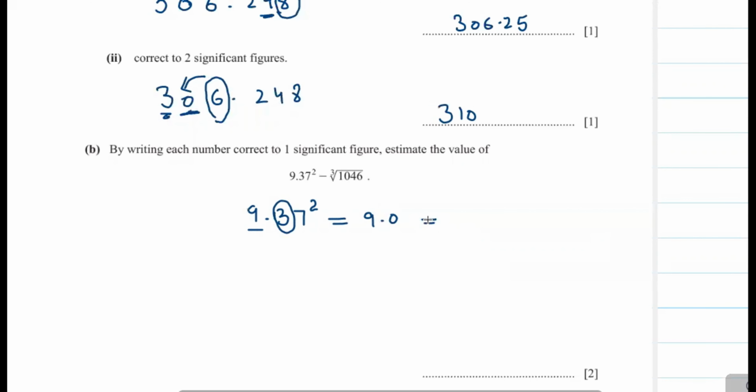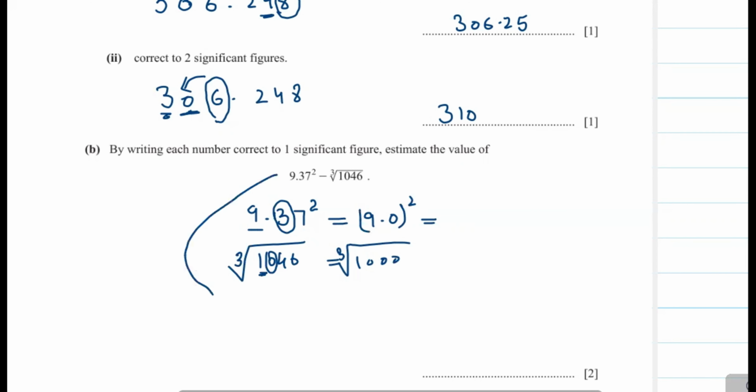And same here, next is the 1046 cube root. You see here, this is the one SF value, it would be 1, and the neighboring digit is less than 5. Now you write the other digits as a placeholder, 0, 0, and 0. Now you take the cube root, and that is 9 square.